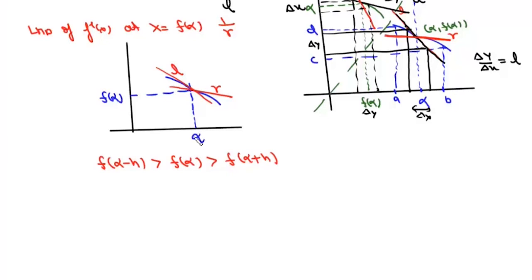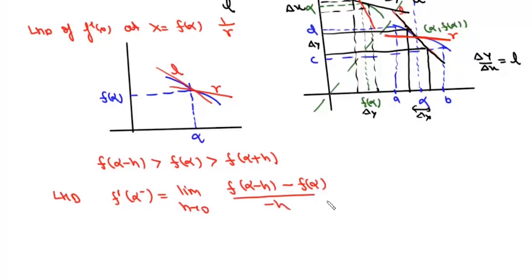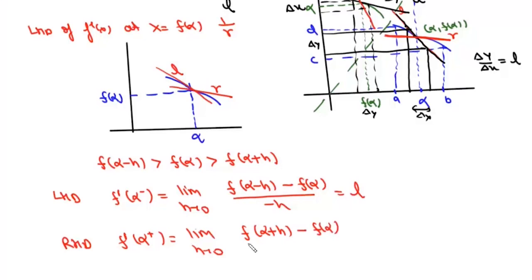Now the left-hand derivative at alpha, which is f dash alpha negative, can be expressed as this limit h tends to 0, f(alpha minus h) minus f(alpha) upon minus h, it is L, and the right-hand derivative at alpha will be this limit h tends to 0, f(alpha plus h) minus f(alpha) upon h, and this is equal to R. So this is already given in the question.